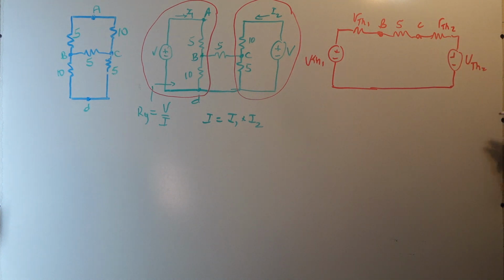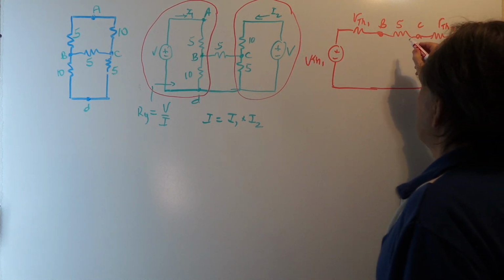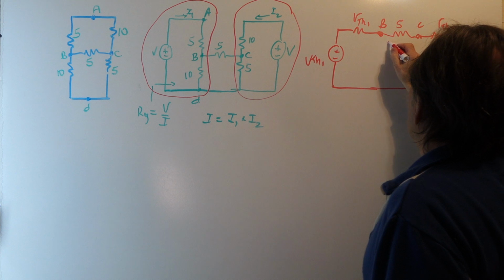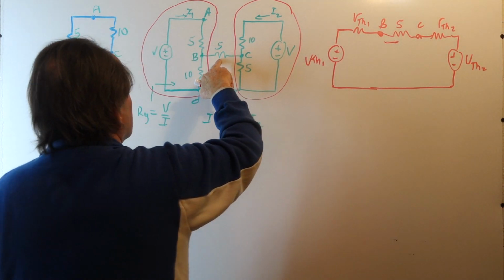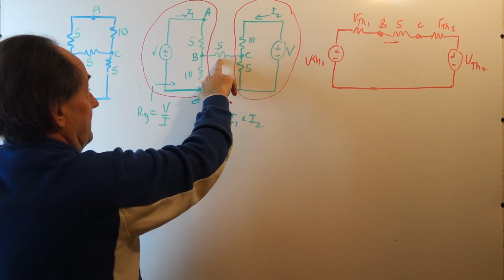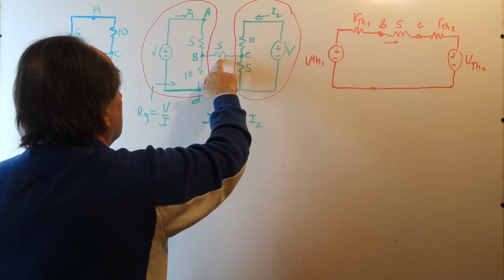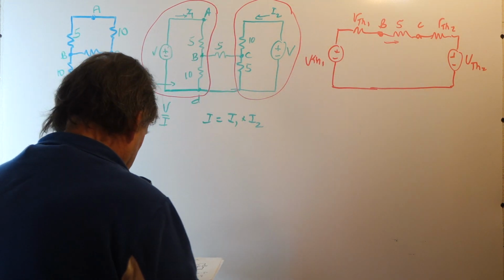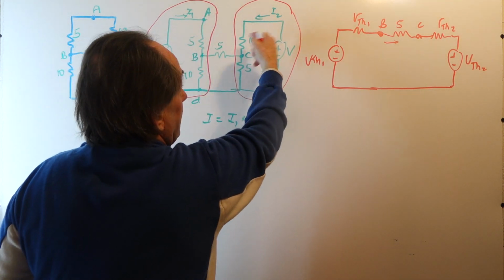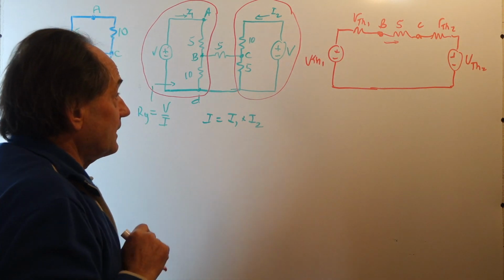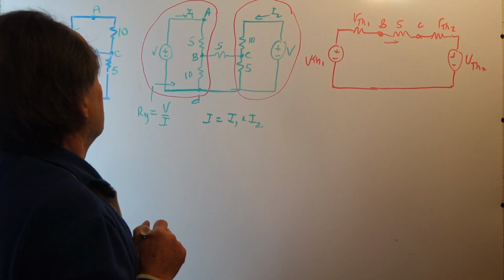And then we have a series network. We can easily calculate the current then flowing into this resistor. And once we have that, we can back calculate then to get I1 and I2. So first let's figure out the Thevenin equivalent.